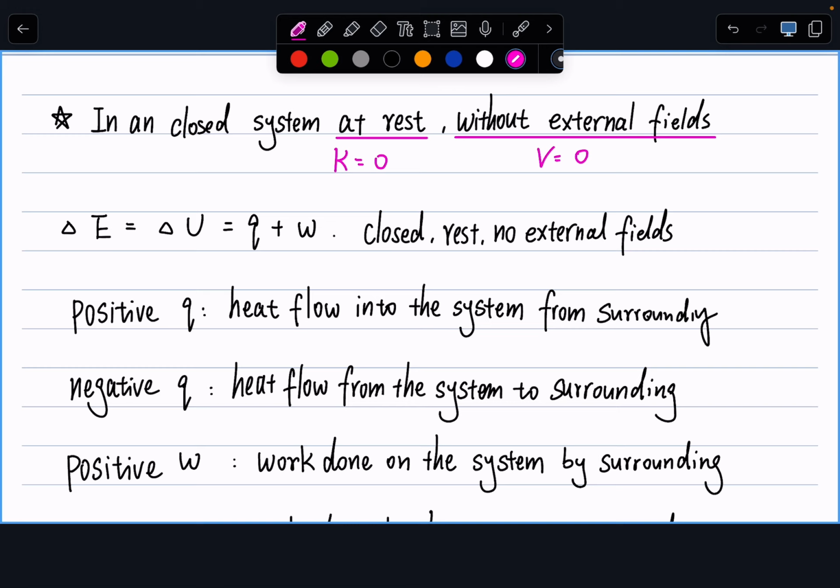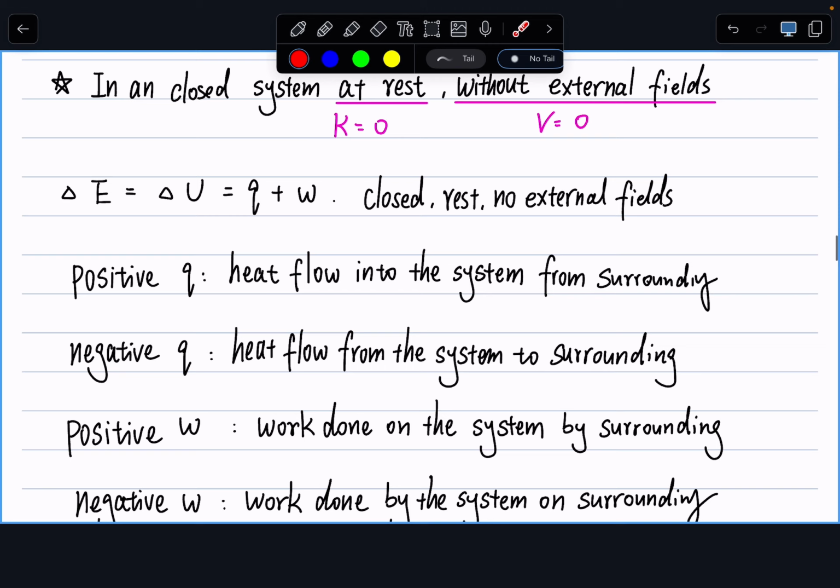This is also pretty straightforward for thermodynamics. It's not hard to keep a system at rest and with no additional field exerting on it. So for a closed system at rest without external field, our delta E just becomes equal to delta of your internal energy.